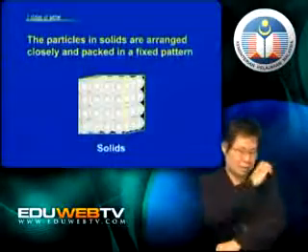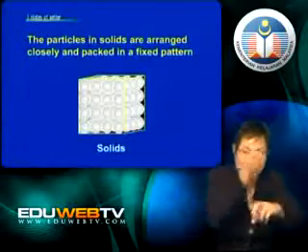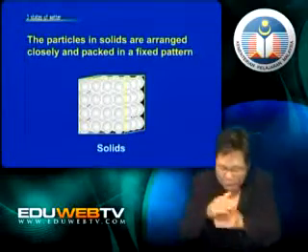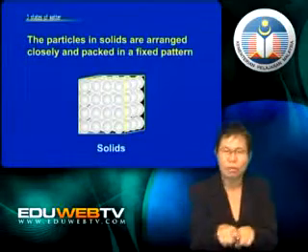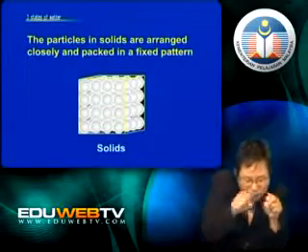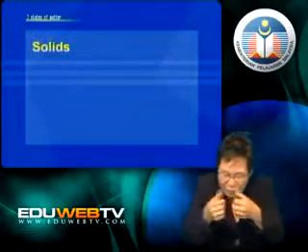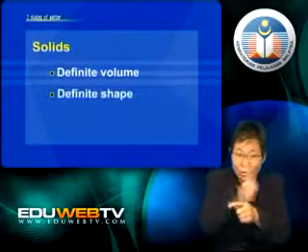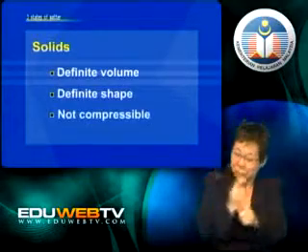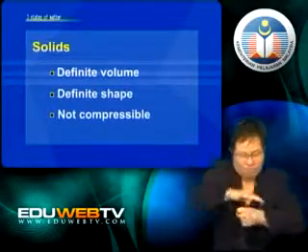The particles in solids are arranged closely and packed in a fixed pattern. There is very little space between the particles. Solids have definite volume, definite shape, and are not compressible.